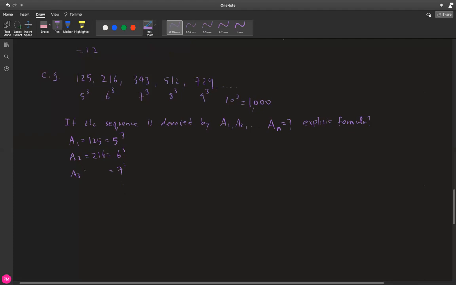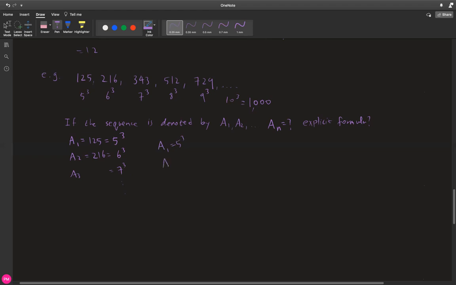If you plug in the number 2, it has to be 6 to the power of 3. This usually takes longer for most students, but here is how you go about it. You know that a sub 1 is 5 to the 3, and a sub 2 is 6 to the power of 3, so you can see that the base is only going up by 1.